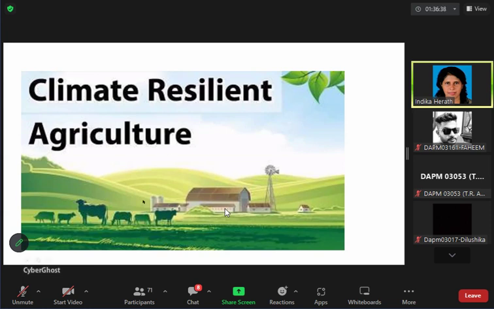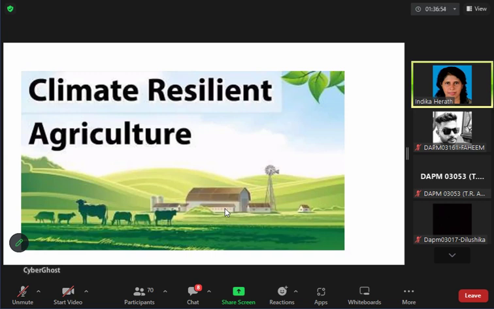Okay, climate resilient agriculture is about what has been happening with climate change. The temperature increased and the rainfall intensity changes.